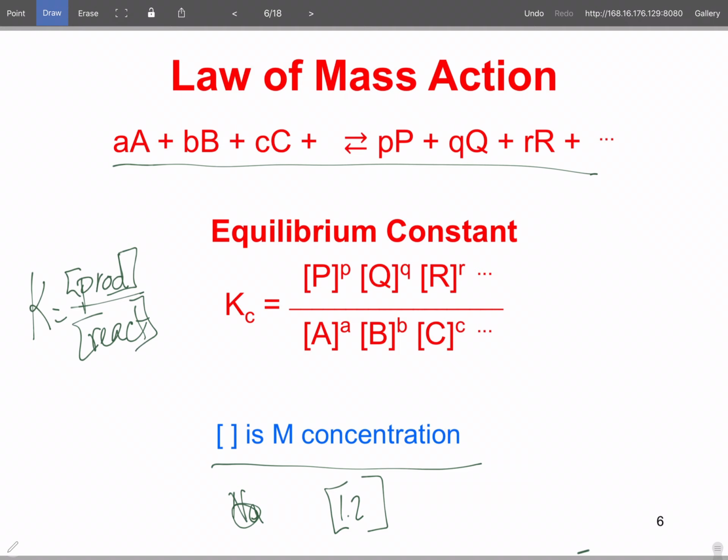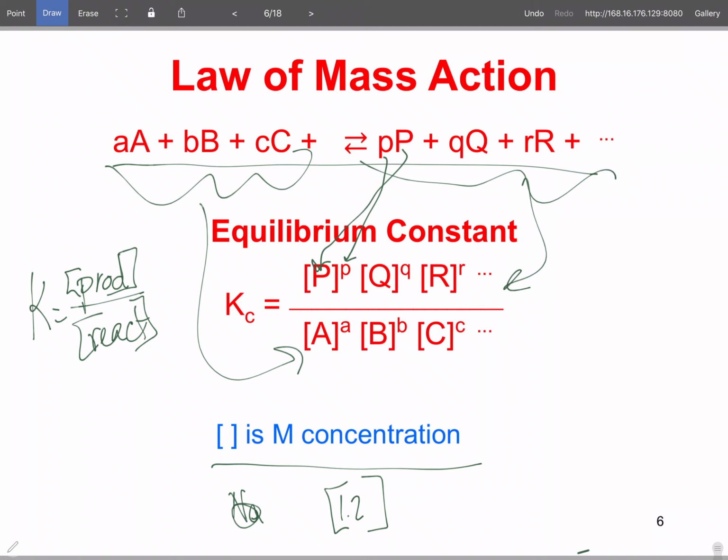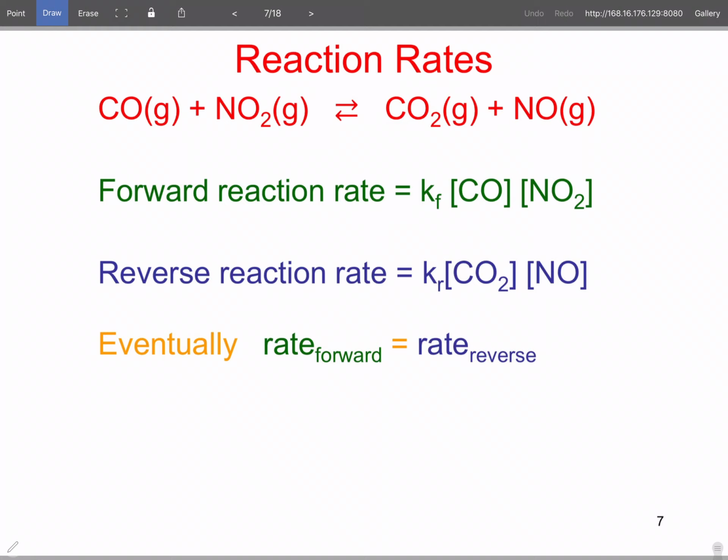So if you'll notice, the products all go on the top, each species goes in the brackets, and your coefficient becomes the exponent. So all of your reactants are on the bottom, all of your products are on the top. So this is how you set up the equilibrium.